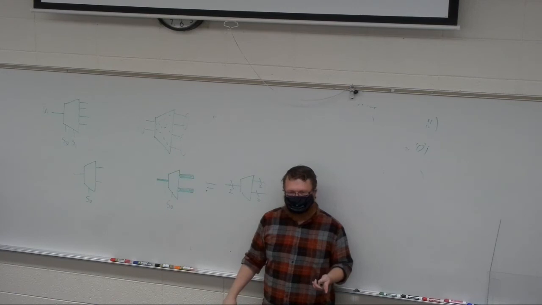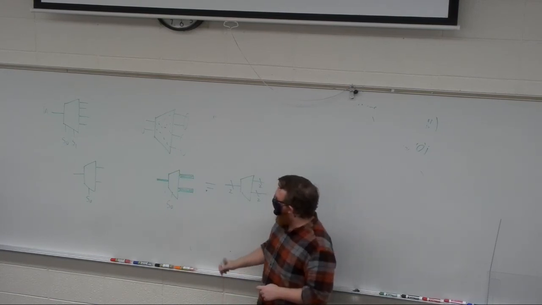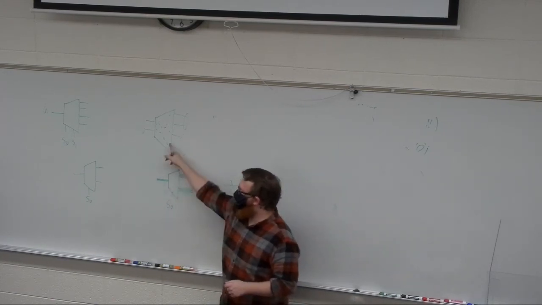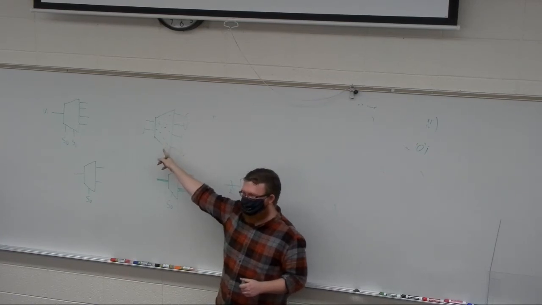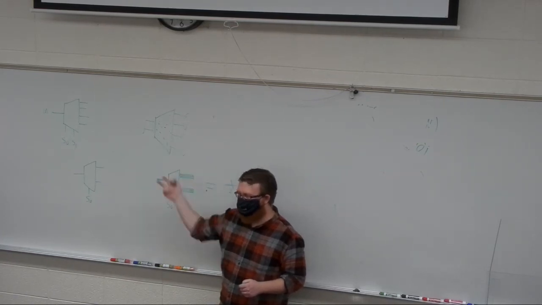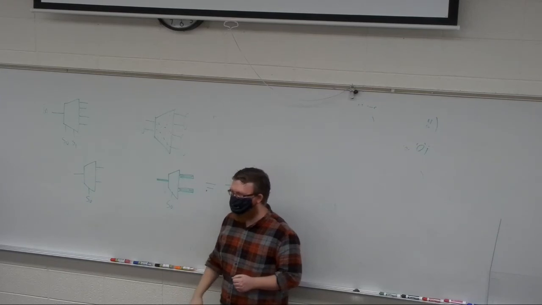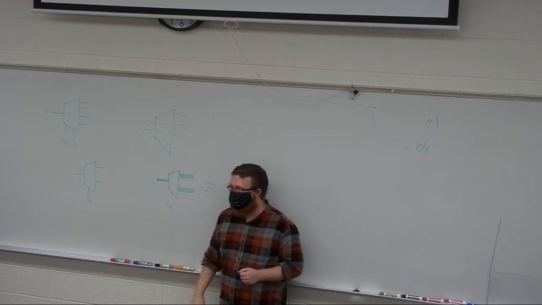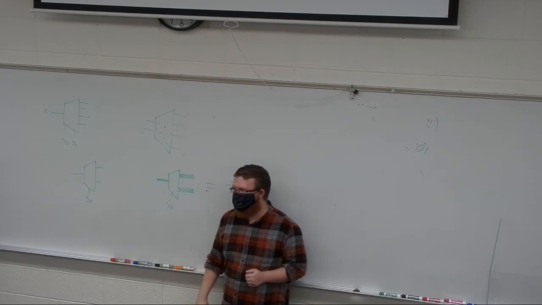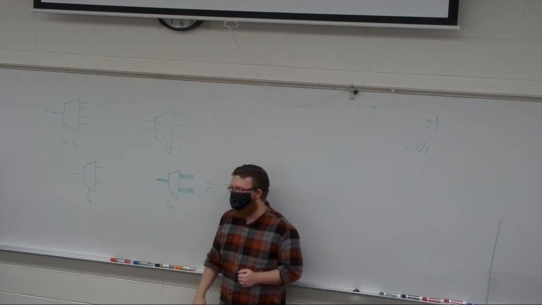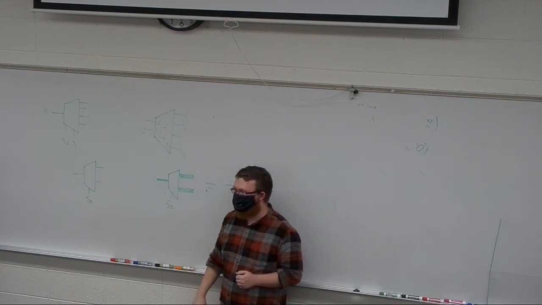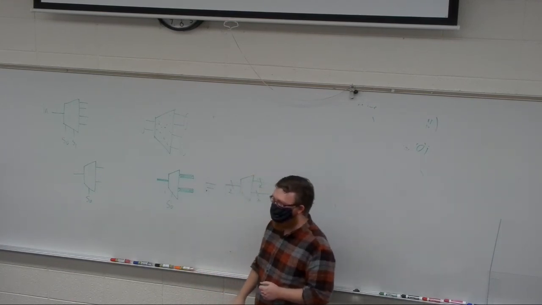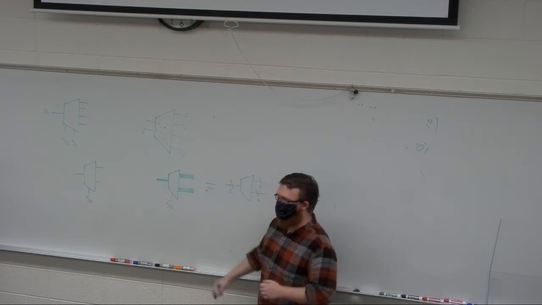Yeah, essentially, this or that is no different than two 1 to 2 multiplexers in parallel. So it's basically just like having two 1 to 2 multiplexers, but they're not connected. Yep, that's it. They're not connected.